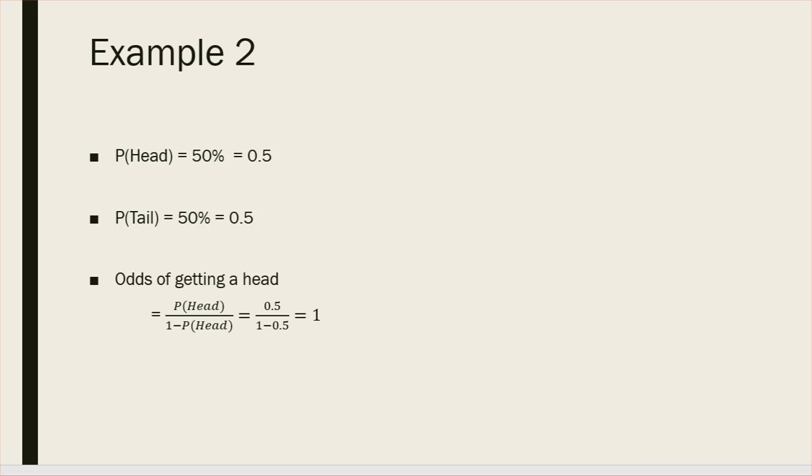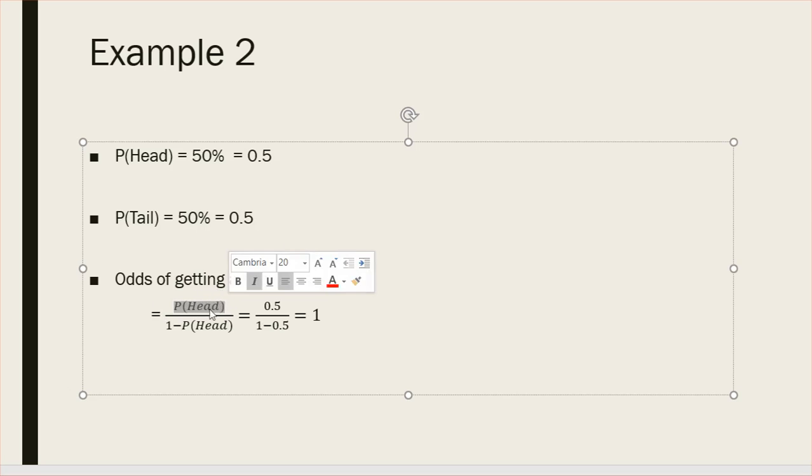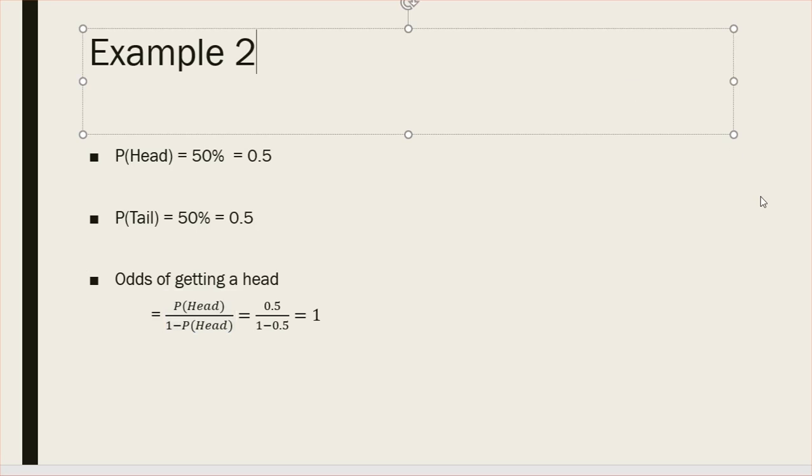So, the odds of getting a head, in this case the attribute would be getting a head, would be the probability of getting a head divided by the probability of getting a tail, or 1 minus the probability of getting a head. So, as you can see, the odds of getting a head would be 1.